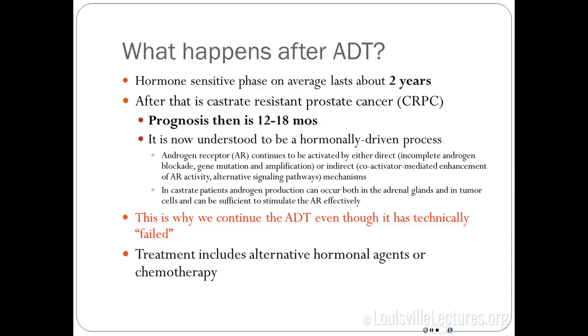The prostate cancer cells themselves are producing testosterone. There are extragonadal sites of testosterone production, for example, the adrenal gland. And the androgen receptor itself is undergoing changes, mutations, that let it stay constitutively active, even with low levels of serum testosterone.